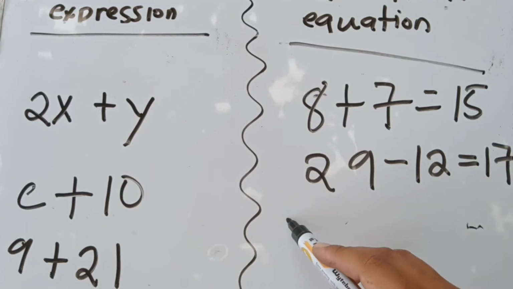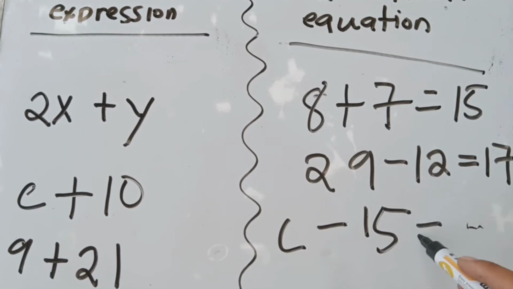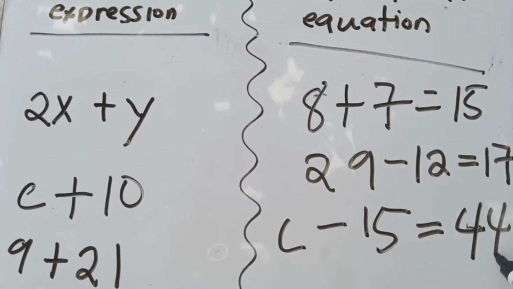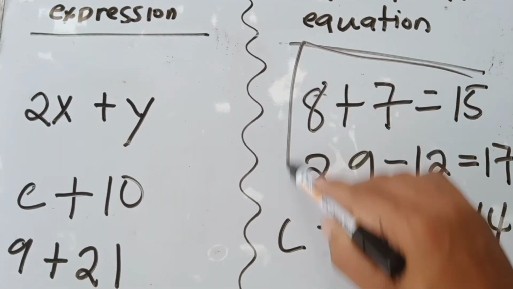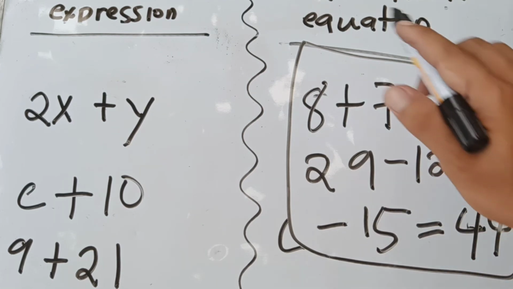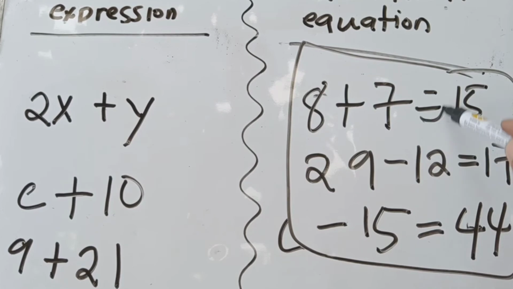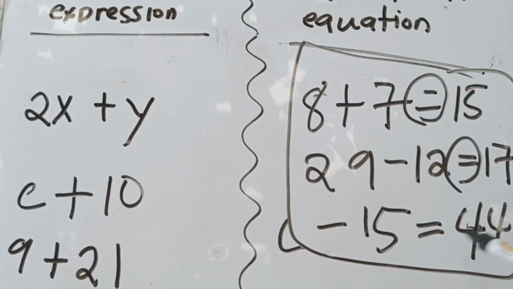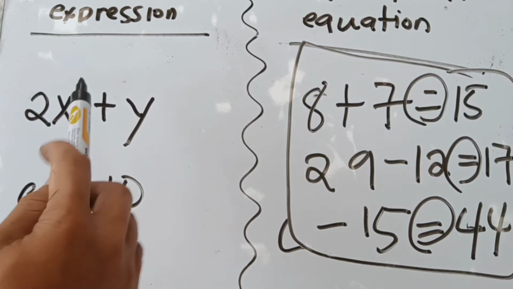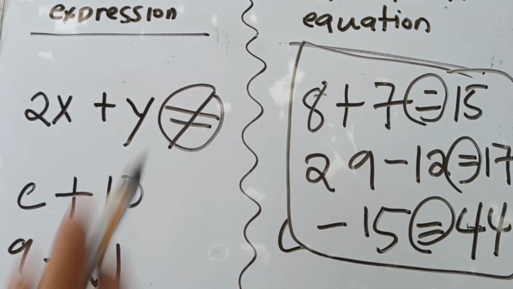And we have c minus 15 equals 44. So we can easily figure out the difference between a mathematical equation and a mathematical expression with the use of the equal sign. So a mathematical equation has an equal sign while a mathematical expression doesn't have an equal sign.